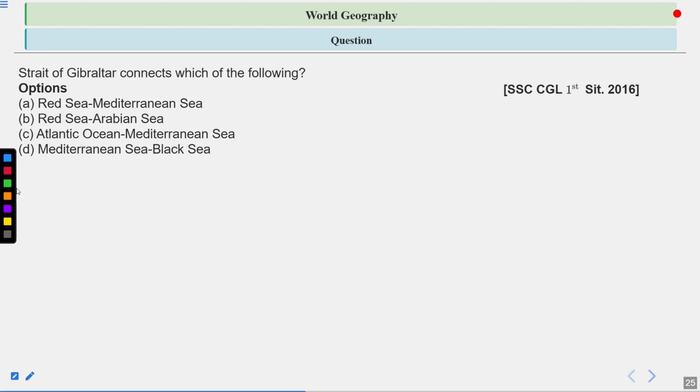Strait of Gibraltar connects with which of the following? Options are Red Sea, Mediterranean Sea; Red Sea, Arabian Sea; Atlantic Ocean, Mediterranean Sea; Black Sea.